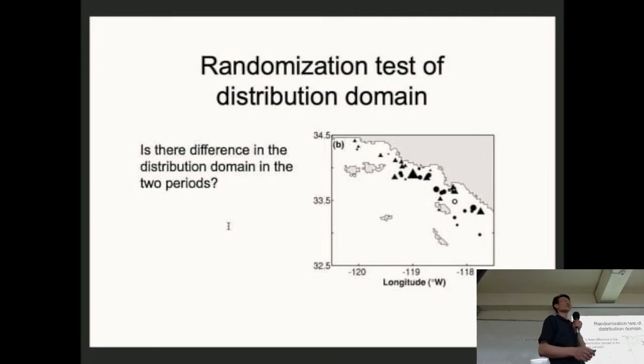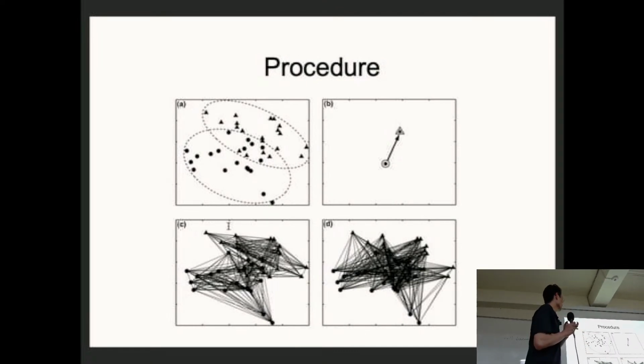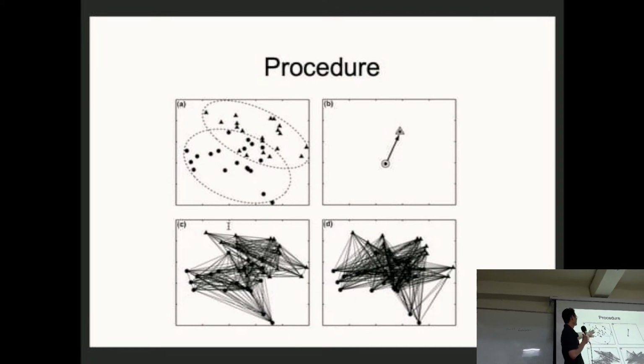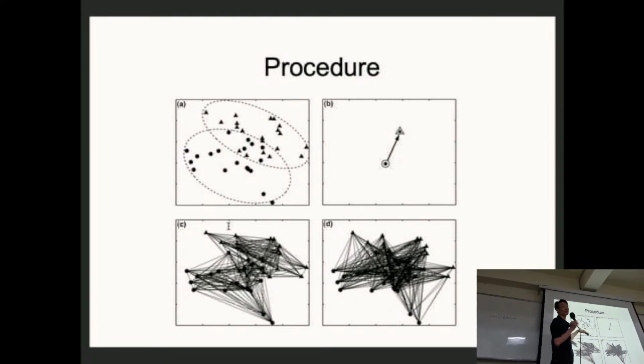I can see that visibly, but I'd like to test whether there is a difference in the distribution domain in the two climate periods. So the procedure is like this. The data distribution is in two-dimensional space, latitude and longitude.